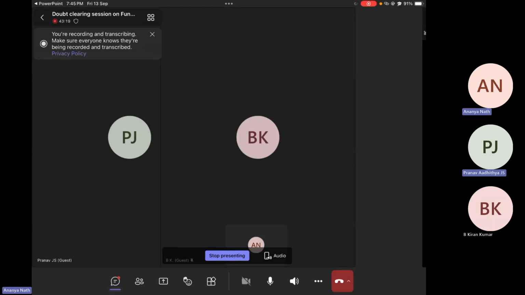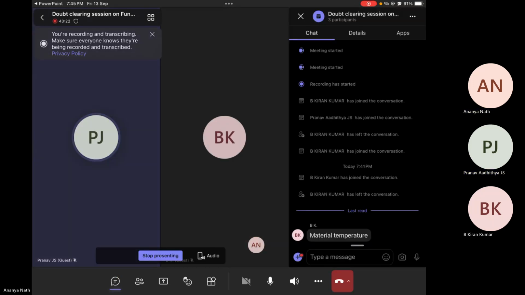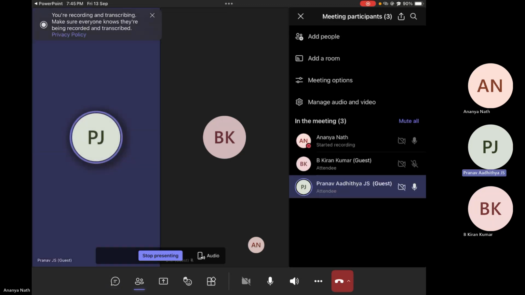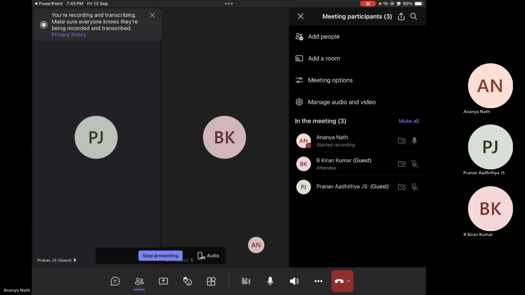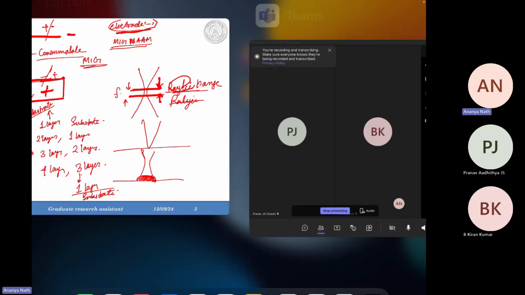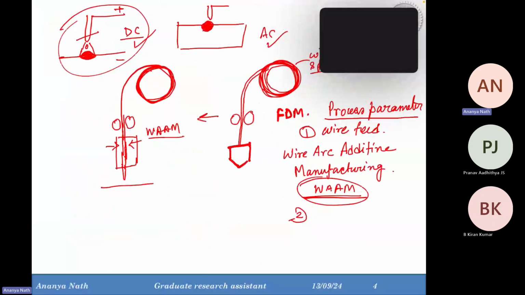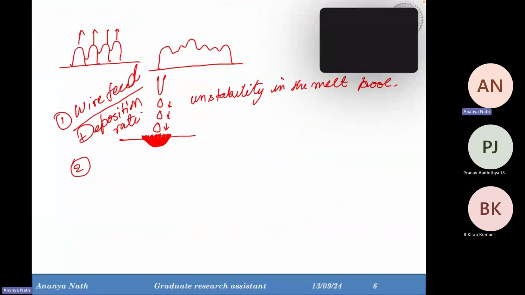Material temperature. Using nozzle, ma'am. Sorry, can you repeat? Using nozzle, ma'am. Using nozzle, what? I am asking about the process parameter.